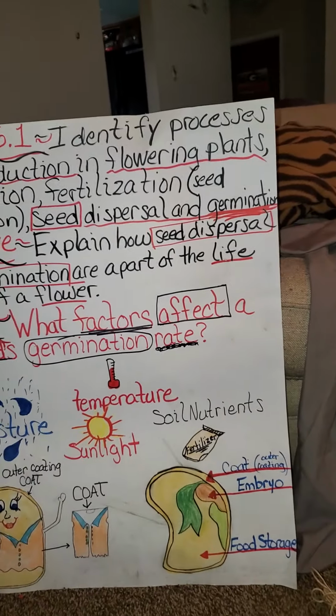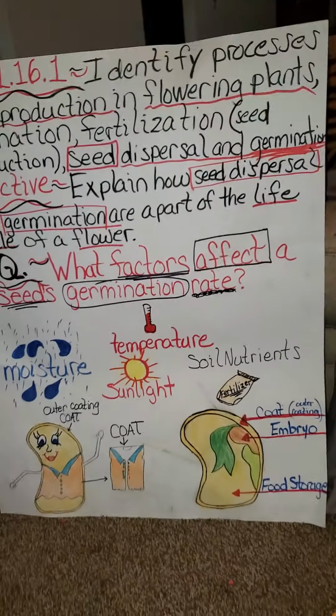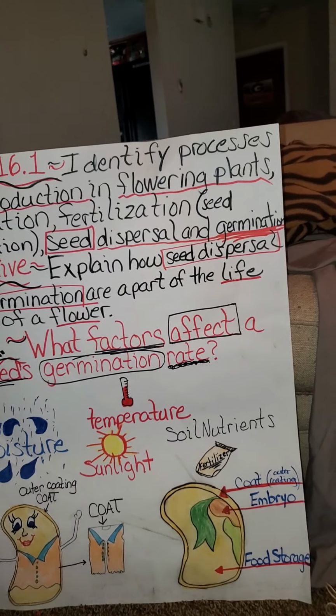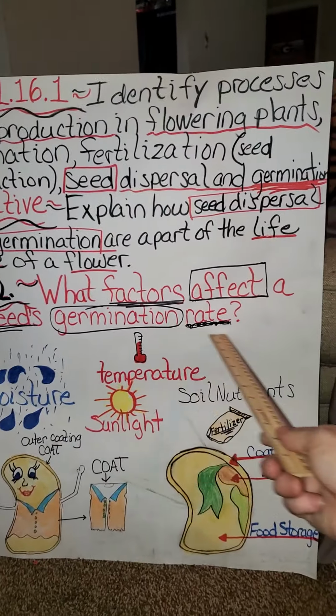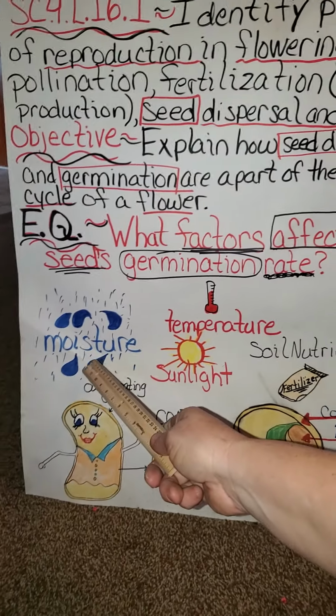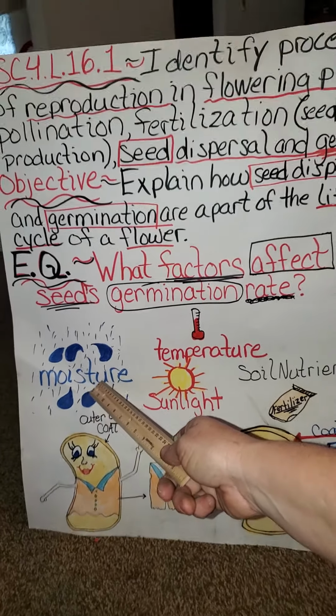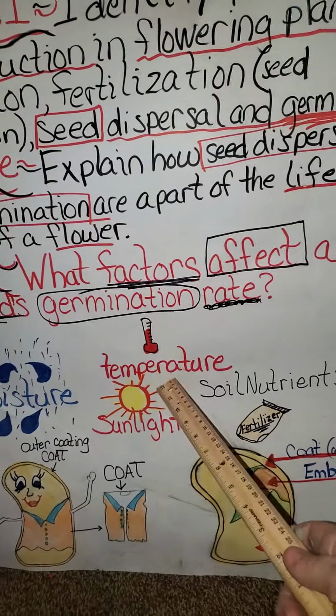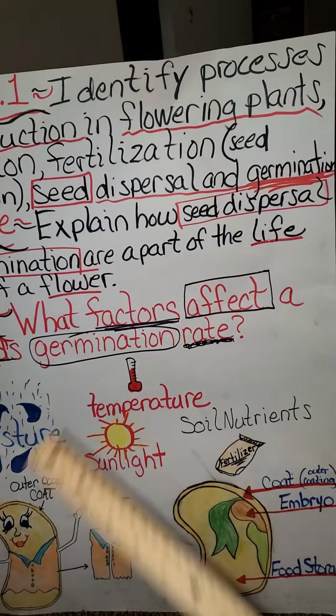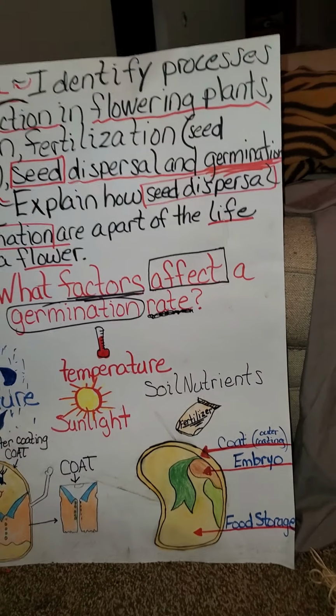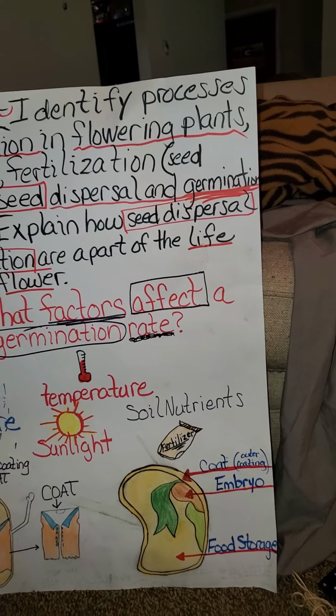And our essential question: what factors affect a seed's germination rate? Yesterday we determined that the factors that affect a seed's germination rate are moisture. You got to have rain and water or it will not grow. The temperature's got to be just right. If it's too cold, if it's freezing, your plants will die.